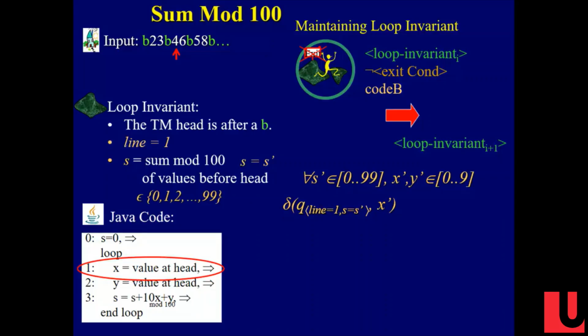And now when I read that character, what state am I in next? Well, I go to line 1. I don't change the value of S. Now I have a value of X. What is my value of X? It's whatever character I was reading. If it's a 4, then X is 4. It's all table lookup.